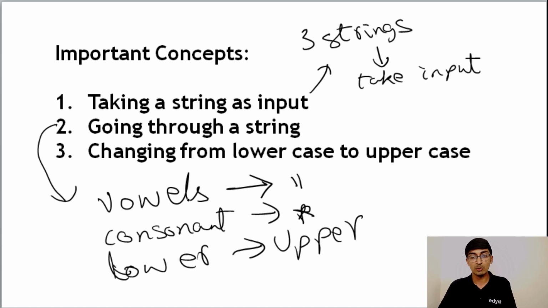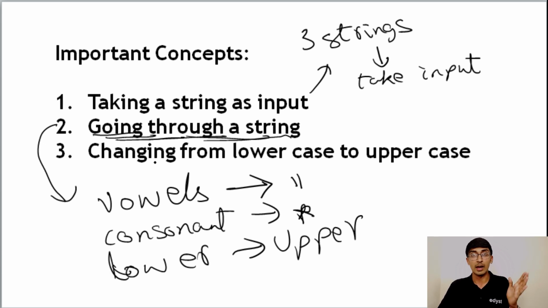Now we have to do this not for the entire string, but character by character. That is, we are never working on the entire string, we are doing it on one of the characters at any time. Therefore, we need to know how we can traverse through the entire string, that is, start from the first character and go till the last character. This is the other thing we need to know.